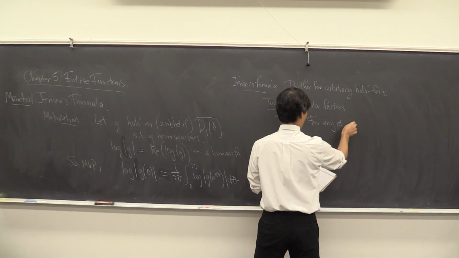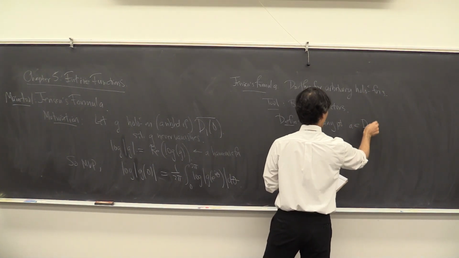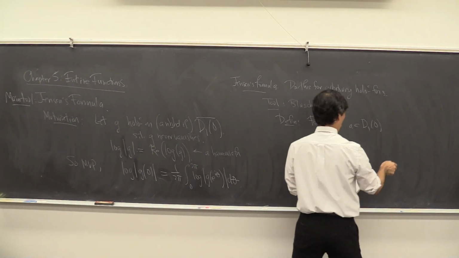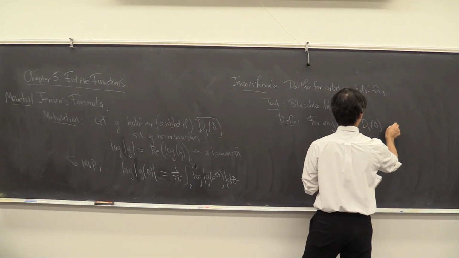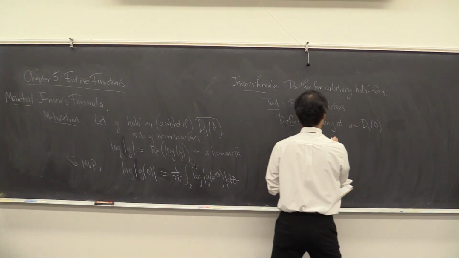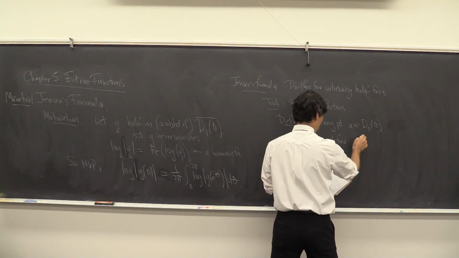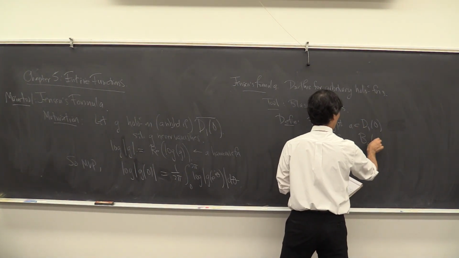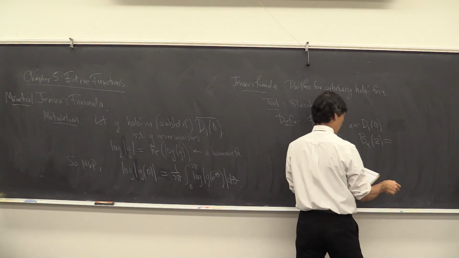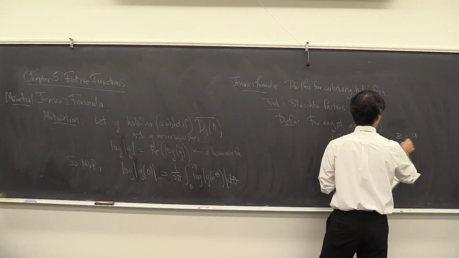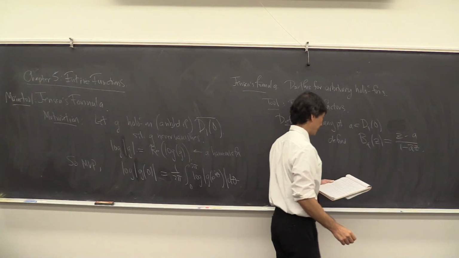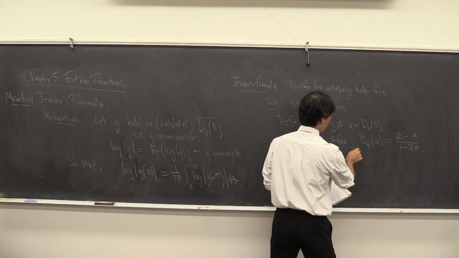For any point a in the unit disk, define this function b sub a by b sub a of z equals z minus a over 1 minus a bar z. So this b sub a is called a Blaschke factor.